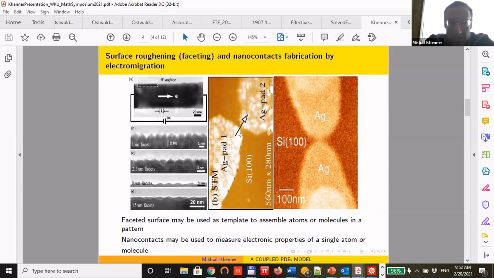This way, nanocontacts are formed, and one can, for instance, deposit a single molecule between these contacts, pass the electric current, and measure the properties of this molecule. Interestingly, by reversing the current, one can controllably close this nano gap and then break the film again. So this is a reversible process.